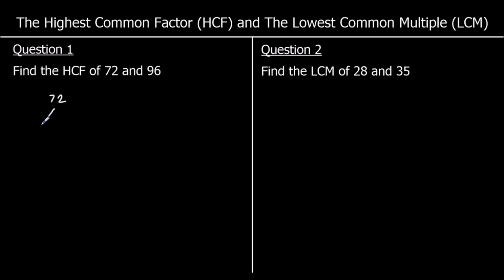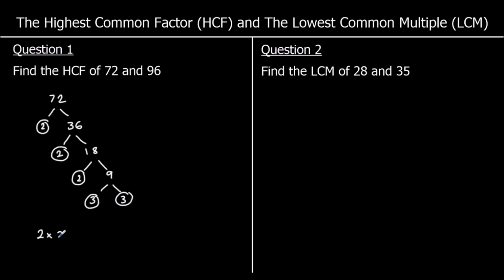So 72 is 2 times 36. 36 is 2 18s. 18 is 2 9s. And 9 is 3 3s. So 72 is 2 times 2 times 2 times 3 times 3.